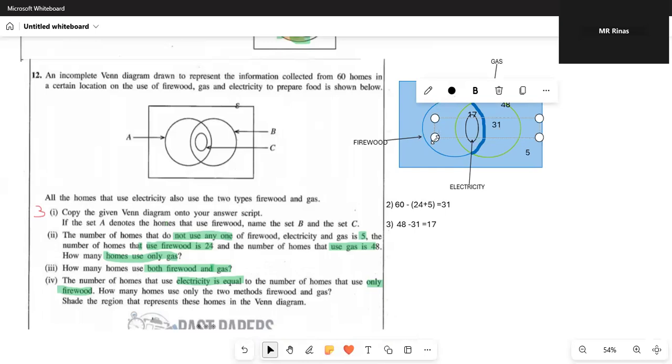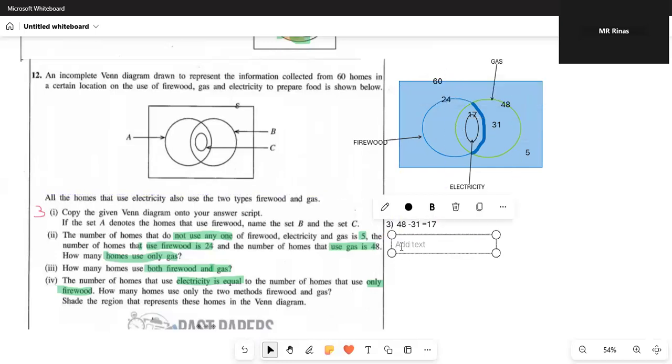Now here see. So in the fourth question, 24 homes, they use firewood. In that 17, they use both.